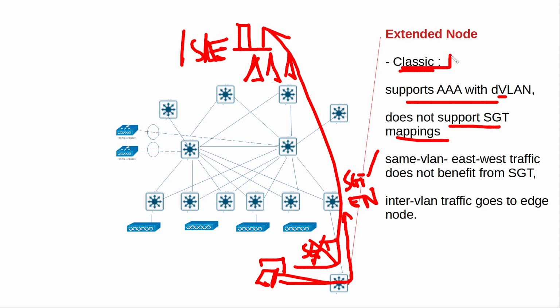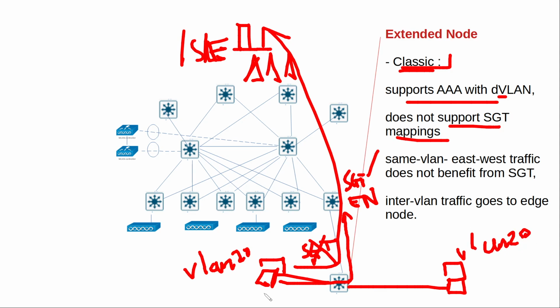classic extended nodes. And this has an issue because if you have two devices that exist in the same VLAN, for instance, VLAN 20, they can communicate with each other without any security enforced into this communication.